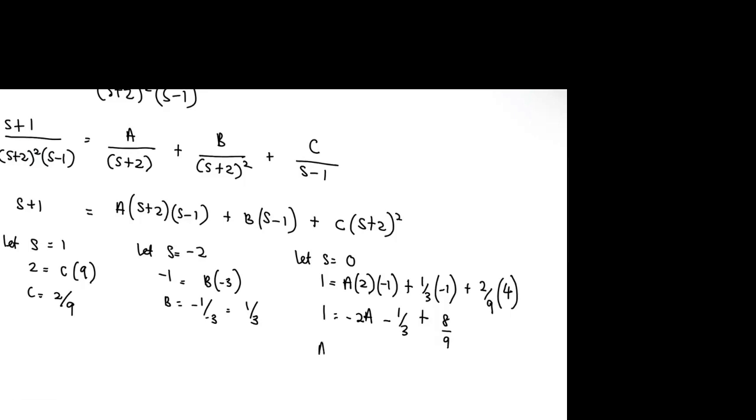So A equal to 1 plus 1 over 3 minus 8 over 9, divided by minus 2. So A is minus 2 over 9.